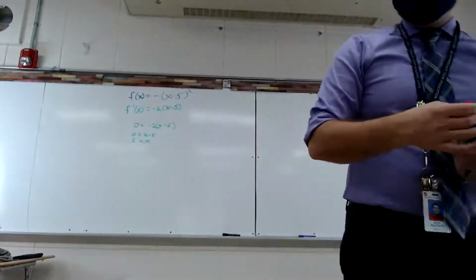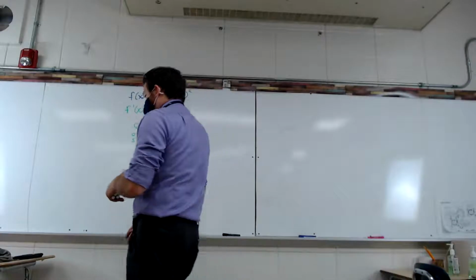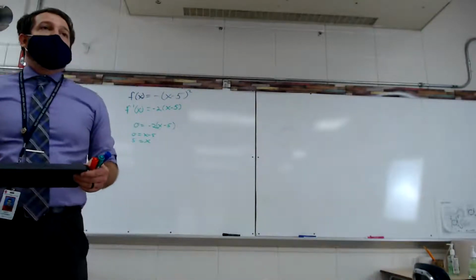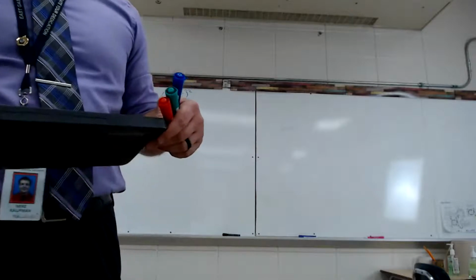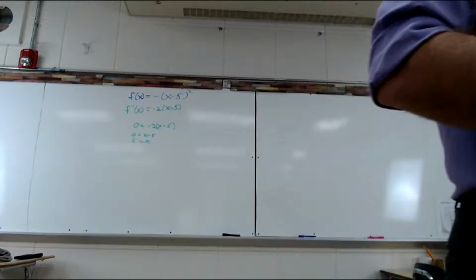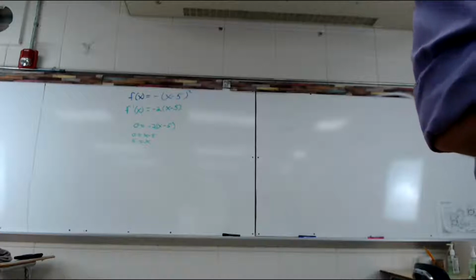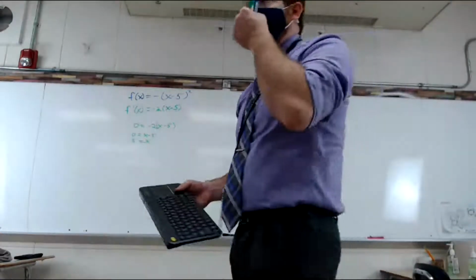Okay, let's double check with what we have here in our blue box. I see some people have been able to rejoin the stream, so we are on slide 15 for anybody who's lost. So, got our first derivative, got our critical values from it, x equals 5, yes?